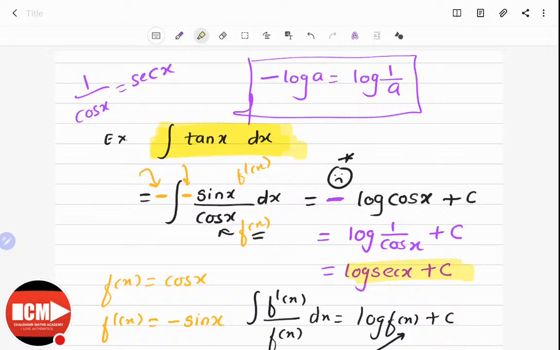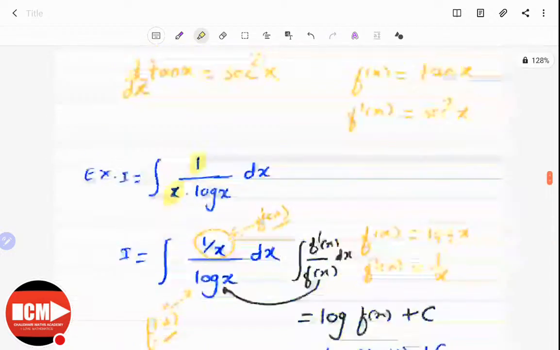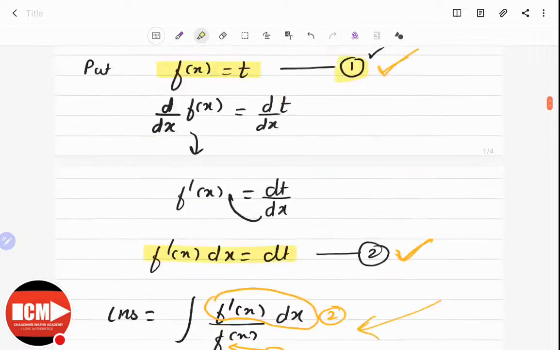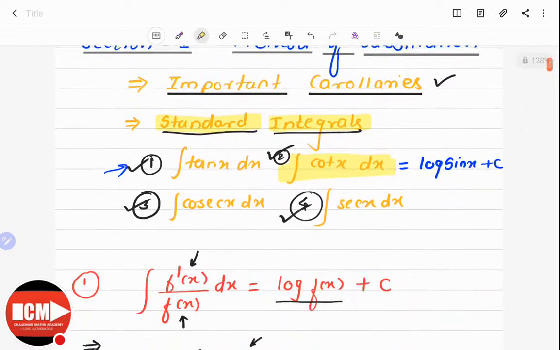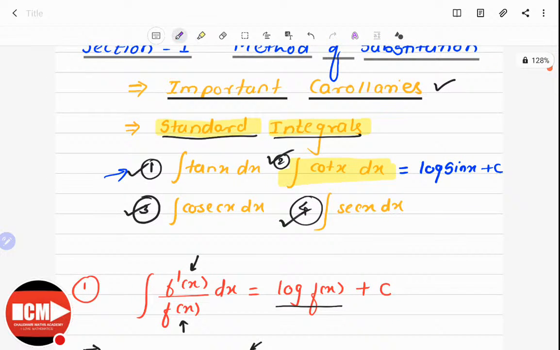Out of these four, we already derived integration of tan and integration of cot on the basis of the same corollary, that is integration of f dash of x upon f of x, right? Now we know the second important standard integral, that is integration of tan x, and you can write down the final answer as log of sec x plus c.